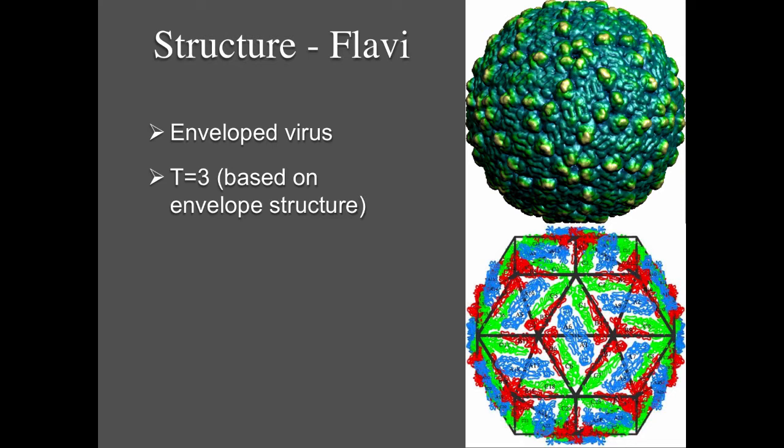So these are all the E or envelope protein, and shown here, each one of these is an envelope dimer. We'll look at this in a little more detail later, but that's a single envelope protein there and a single one lying next to it here. And these form this regular structure so that the intact virion has 180 monomers of the E protein, all of them coating the surface of the virion. So you get this icosahedral symmetry, which you can define as a T equals 3.